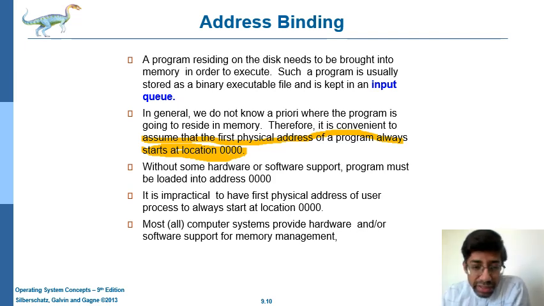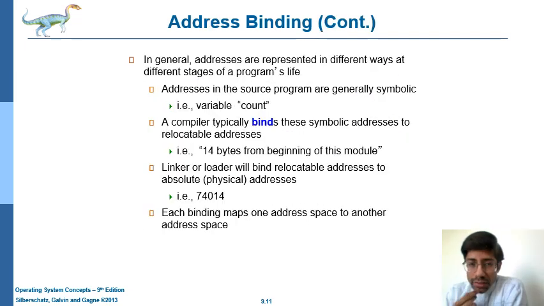Generally the systems would provide some hardware or software support for memory management. There can be different ways by which this memory management hardware could help in binding the addresses to different elements of the program. The first thing could be that the source program can have all the addresses represented symbolically in the form of variables.